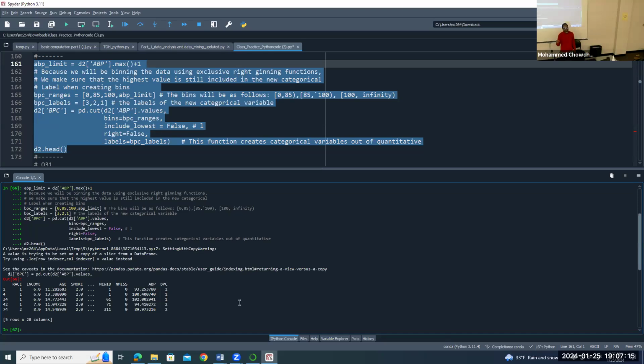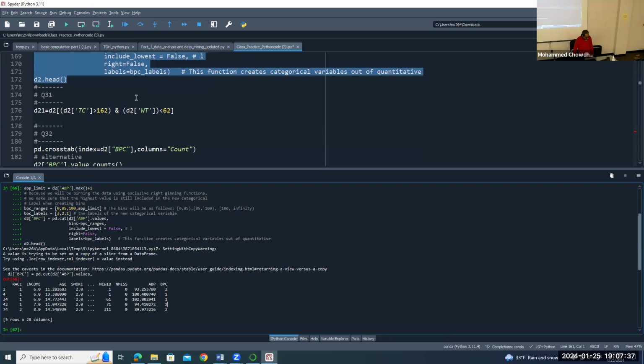What is the odds of incidence of the events? Understand? So even though you have a continuous variable, it is better to predict the response variable in terms of categorical values instead of continuous values. Understand? So these lines of code are very important.